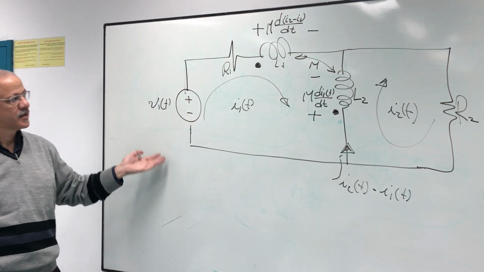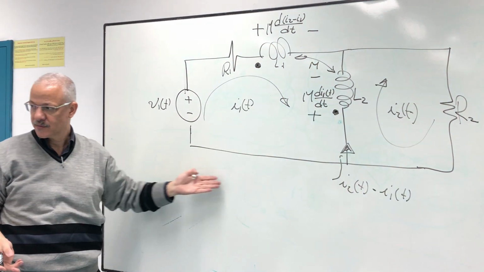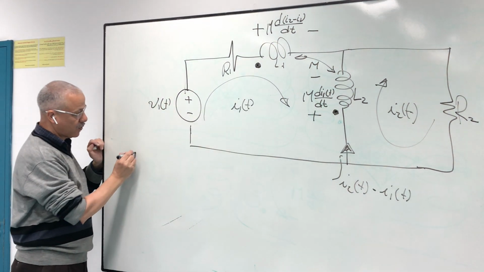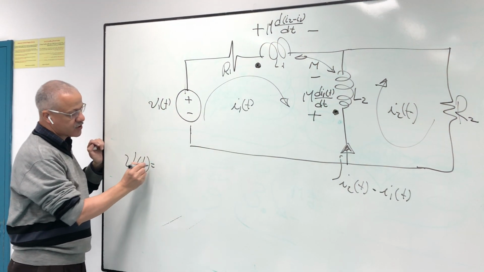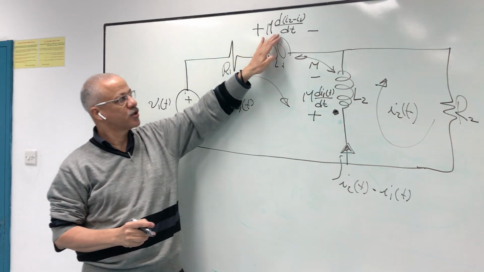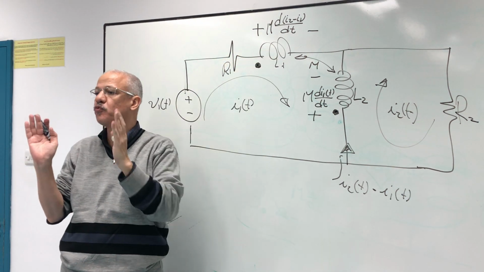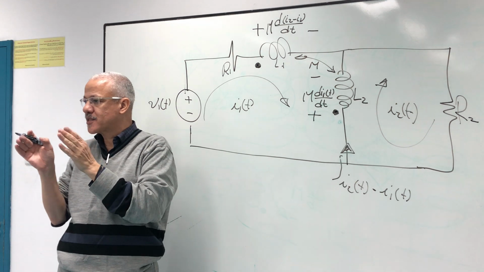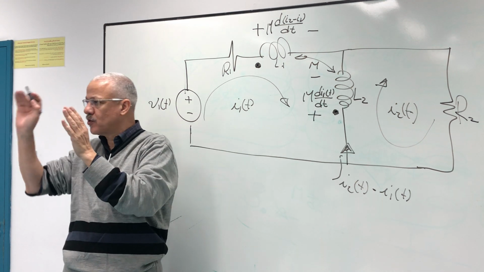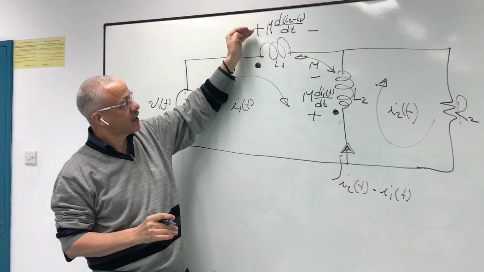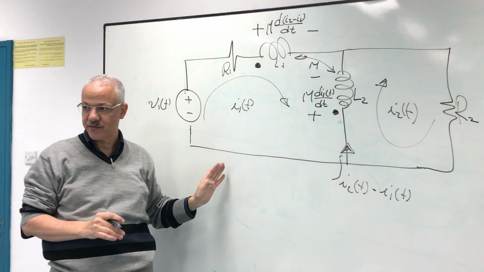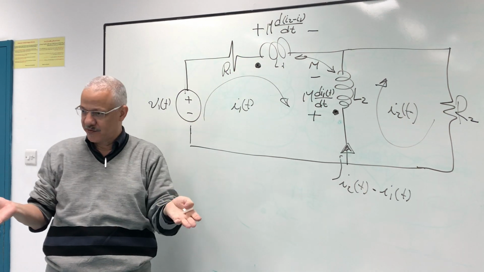It's very easy. Kirchhoff voltage law. V1(t): in such a case you will consider this as a voltage drop. When you go with the flow, when you enter the element, it should be positive. If we leave it, it will be negative.